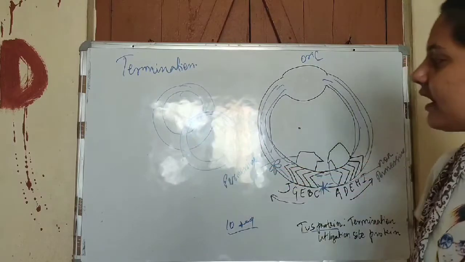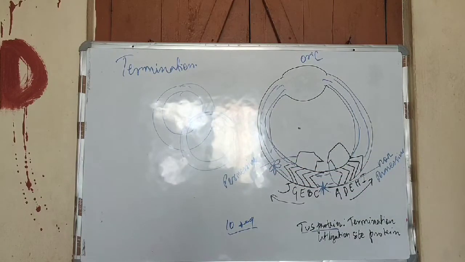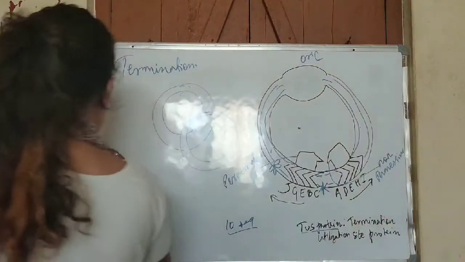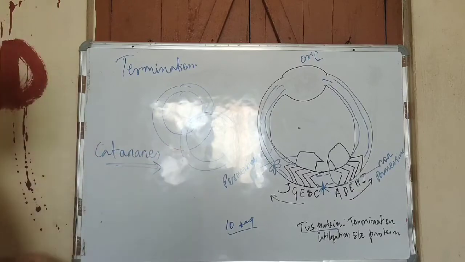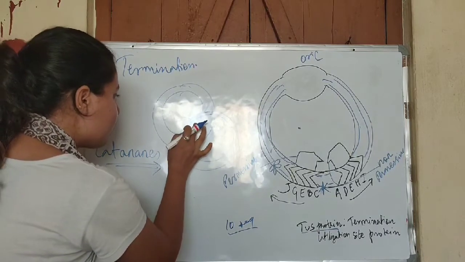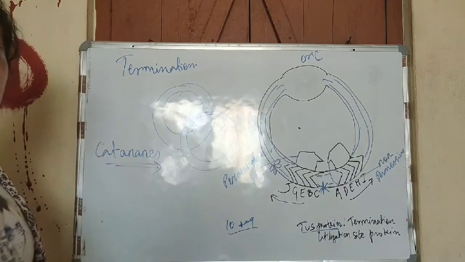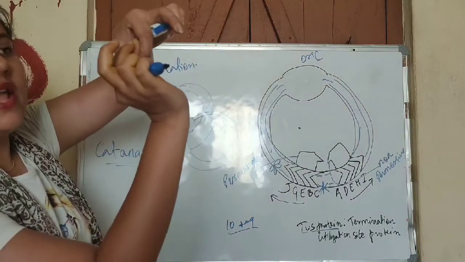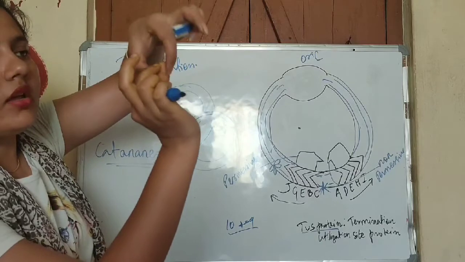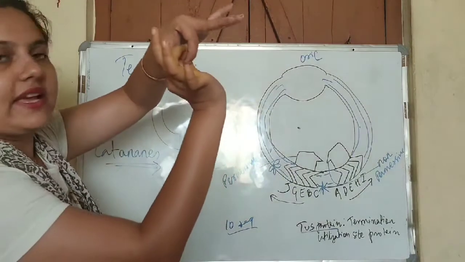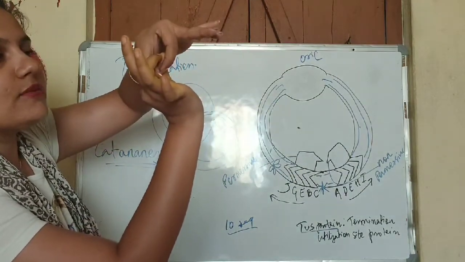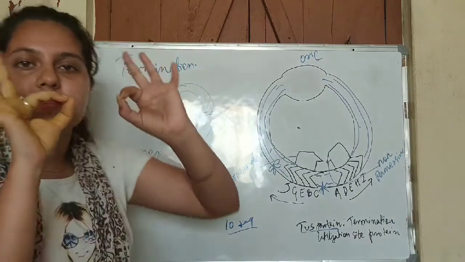So after forming this kind of structure, this is known as catenane. If I make a cut at this portion, then this part will be removed and they will settle individually.